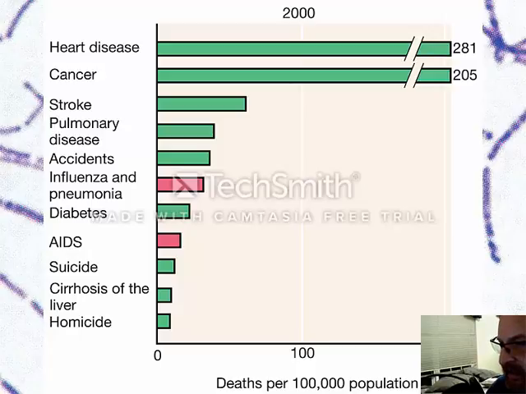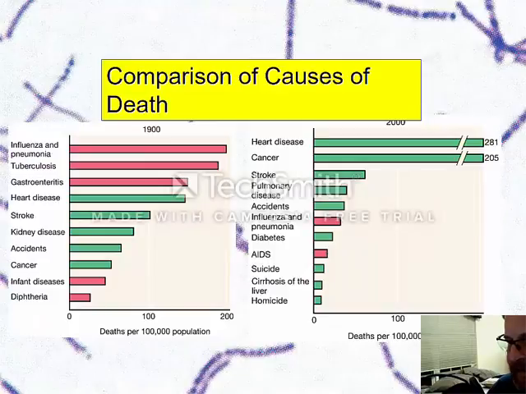Cancer specifically is in general a very old person event. Okay, yes, there are kids who get cancer, but it's not the predominant cause of death from cancer. It's generally in older people. Okay. So you can see, comparing these two, that the infectious diseases were prominent in 1900, but have pretty much disappeared by 2000 in terms of cause of death.